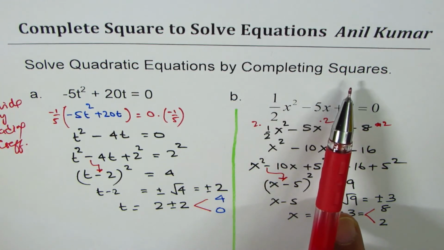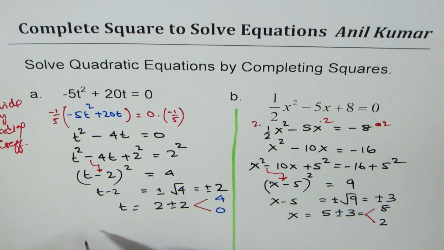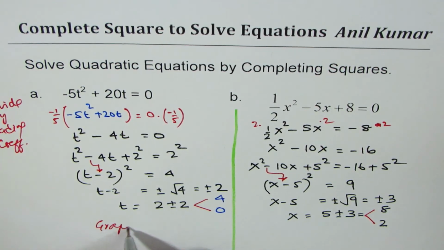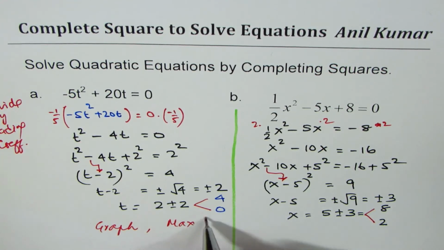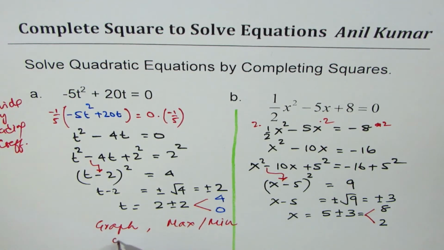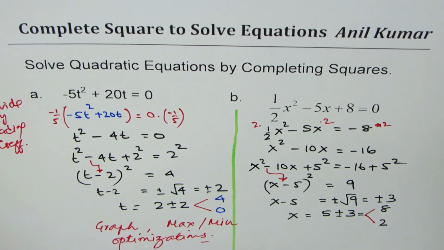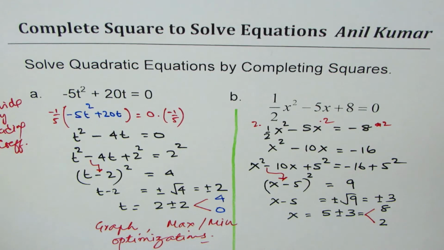However, completing the square is excellent when you're trying to graph or when you're trying to find maximum or minimum values, like optimization examples. So you have to follow these steps there in a kind of different way, but these are the major steps to help you solve such questions.